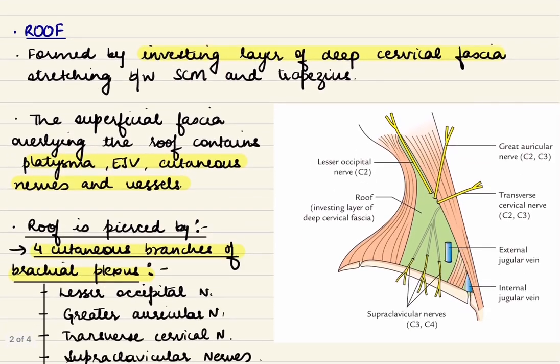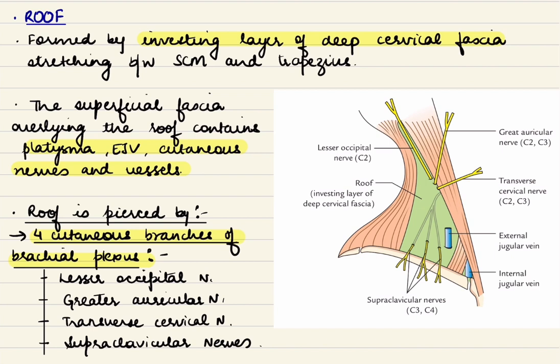Now coming to the roof. The roof is formed by the investing layer of deep cervical fascia stretching between the two muscles, that is the sternocleidomastoid and the trapezius muscle. The superficial fascia which overlies the roof contains the following structures: the platysma, external jugular vein, and the cutaneous nerves.